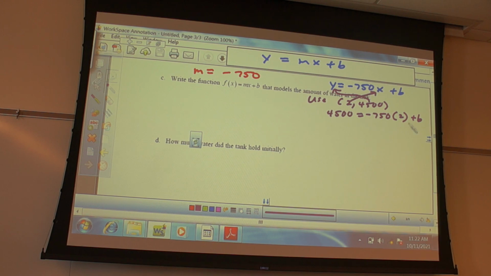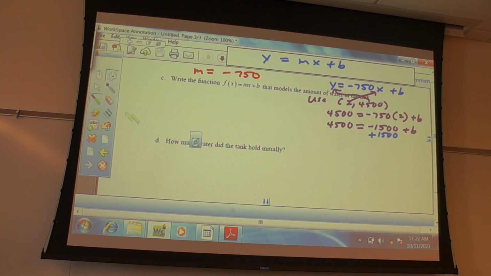Okay, so we need to simplify this multiplication. Because that 2 is in parentheses, I'll multiply it by the 750. If I do that, I'll get negative 1,500 plus b. Now I want to figure out what b is, so I'm going to add 1,500 to both sides.